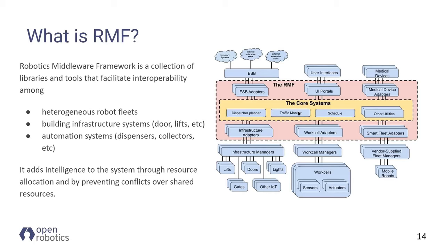In the diagram on the right, there's a core system with a dispatcher planner that takes care of dispatching the tasks, a traffic monitor that monitors traffic for conflicts, and a scheduler.